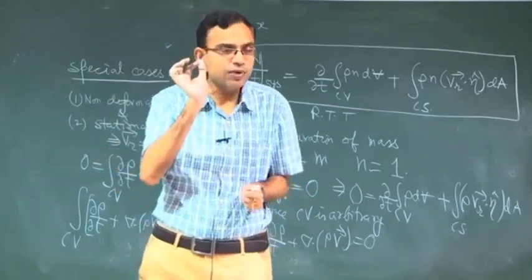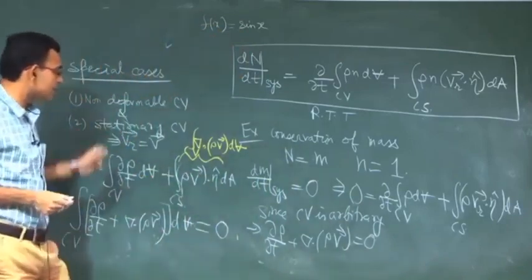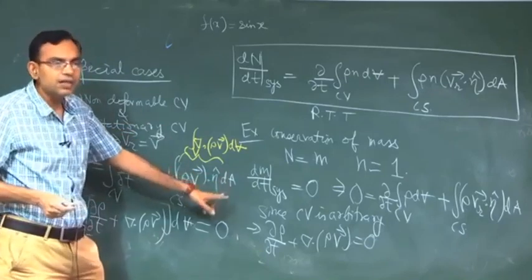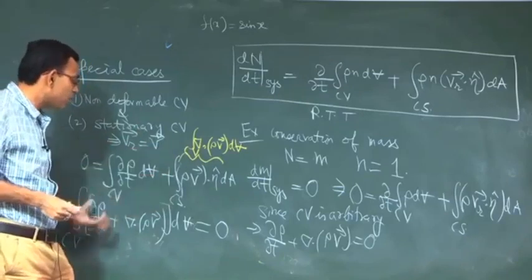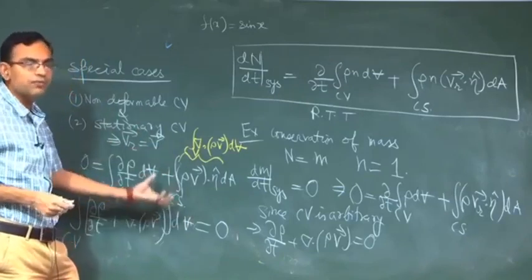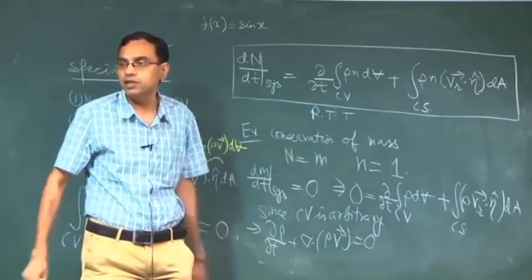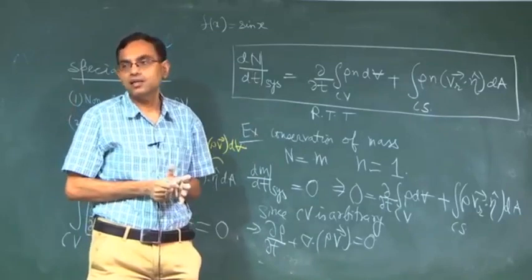This is the skill that we have learnt, and how we have implemented the skill: very simple. Wherever there is a surface integral, we convert that into a volume integral through the divergence theorem and set the volume integral equal to 0. Because the volume is arbitrary, the function itself is 0, that gives rise to the differential equation. This is the structure that is under concern.